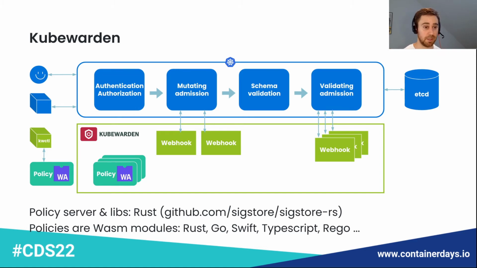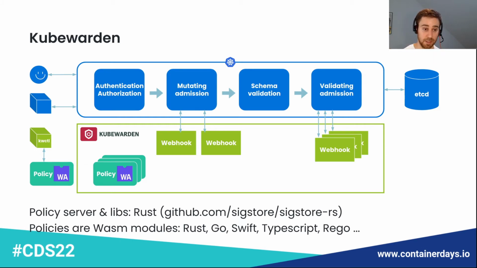The policy server and the libraries of Kubewarden are written in Rust, which means that for Sigstore there was no library written in Rust, so we implemented a Sigstore Rust library. You can see the link there. We are happy that we sent it upstream and it has taken a life of its own there. And the policies of Kubewarden, they are WASM modules.